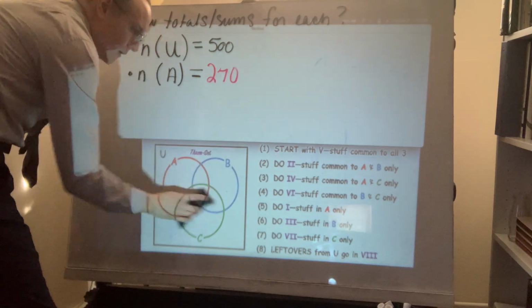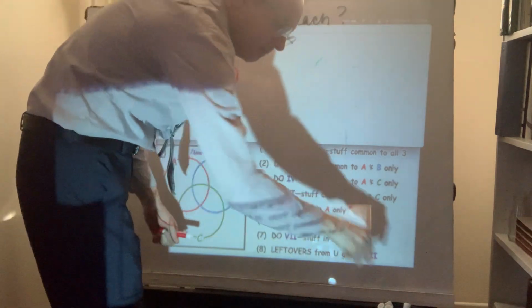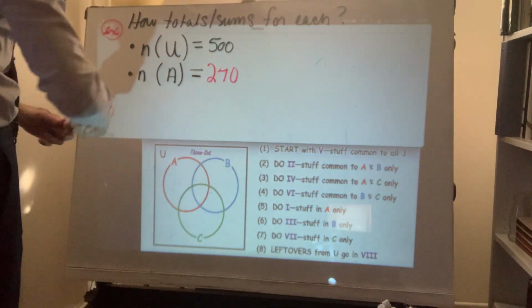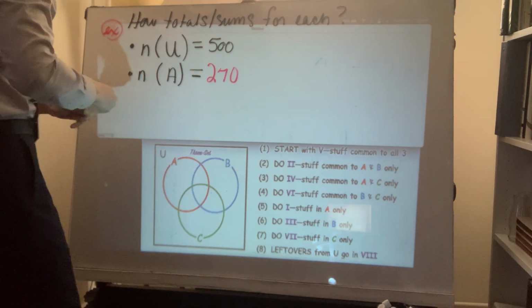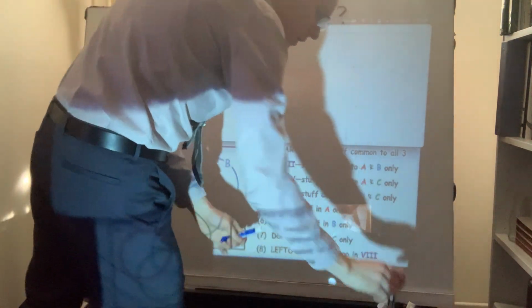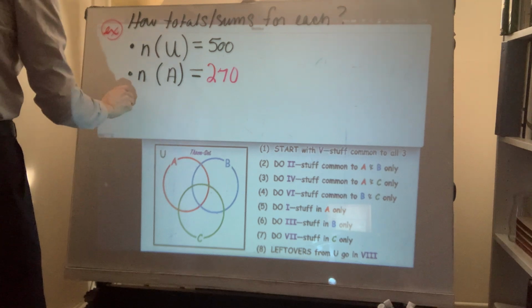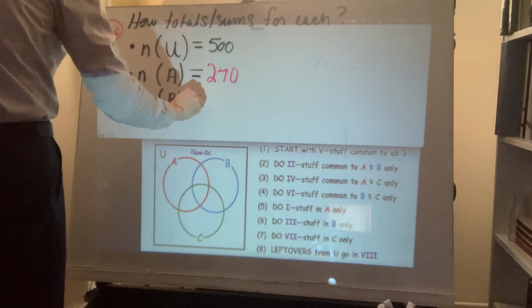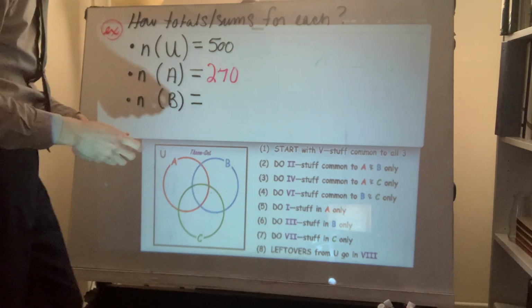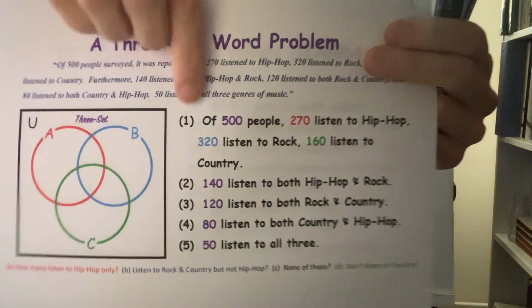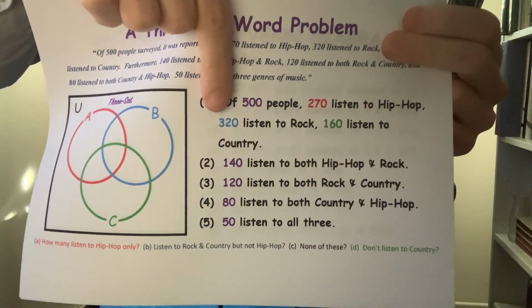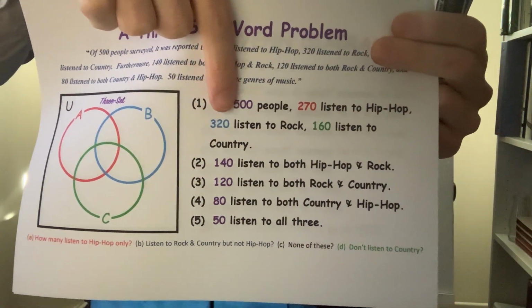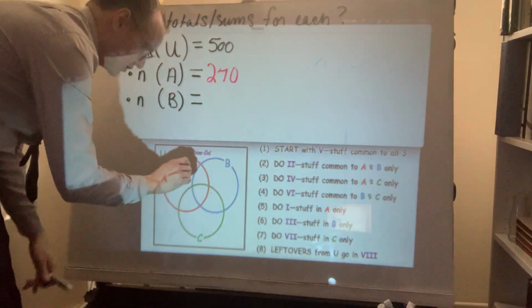It goes on to say that the total number of people in category B, the rock listeners, is another number out of 500. What is it out of 500? It's apparently 320. So in the picture, what would that represent?